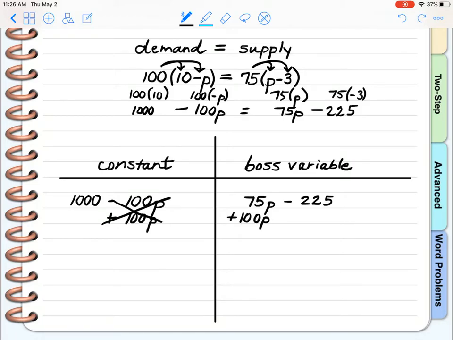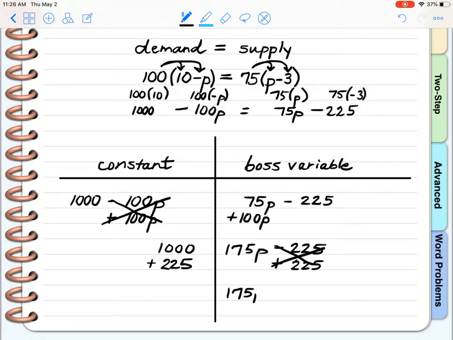Gonna need a little more room, so let's come up here. Is 175P minus 225. So let's add 225 to each side. And 175P equals 1,225.